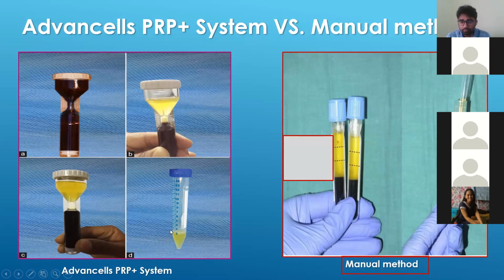So it looks very handy, and it is an all closed system. Very sterile, and we follow US FDA compliance as well. So, a closed system, no contamination, and having all the growth factors in higher amounts as compared to the normal method, and the WBC is also higher in our PRP system.